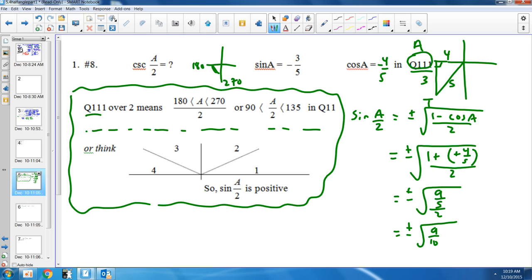So A is between 180 and 270, but I don't want A, I want A divided by 2. So in an inequality, if you divide everything through, what happens? Your 180 becomes 90, your 270 becomes 135, and your A becomes A divided by 2. A over 2 is between 90 and 135, which means now you're in the second quadrant. 90 and 135 is right here.